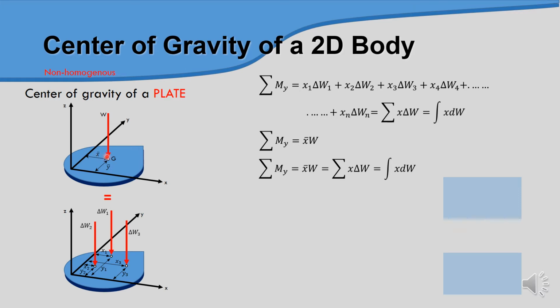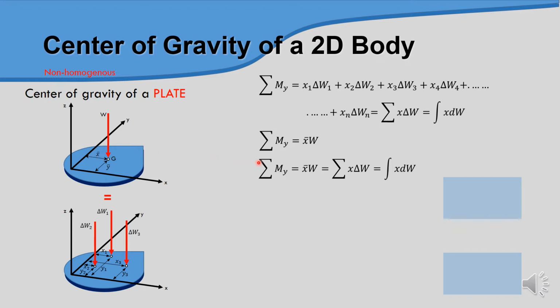So the value of moment at the y axis is something like this, and this value is basically the same as this value and also this value. Finally, we can use this equation to get the x bar for representing the point G at the x axis here.